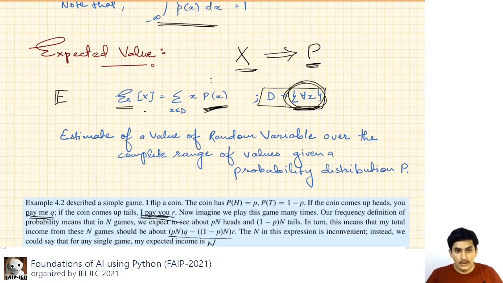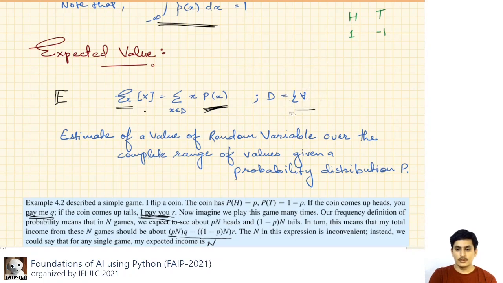For example, let me give you an example for this. So let's say we flip a coin, okay, and the coin can be heads and tails. Okay, for a head, let's say we add 1 to our sum, and for a tail, we add -1 to our sum. Okay, erase all.